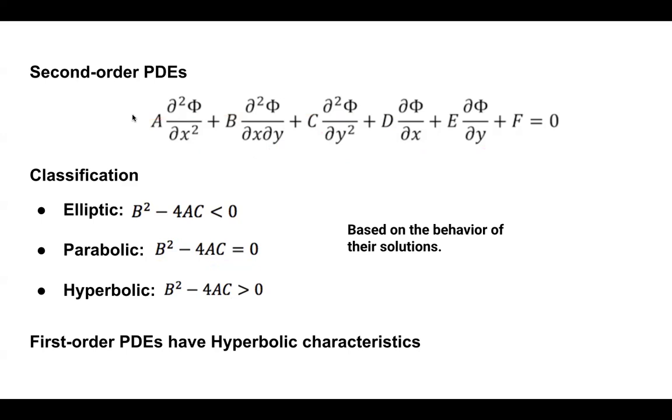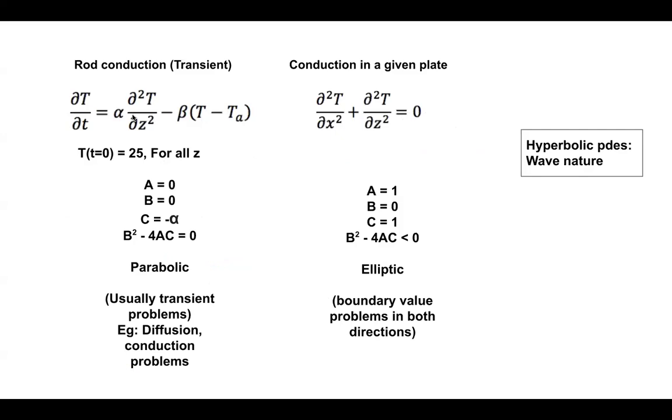Now let us look at some of the examples we have. So this is a transient rod conduction. Here you have ∂T/∂t plus alpha ∂²T/∂z² minus beta (T minus T alpha). So basically you need coefficients for this term, that is z squared.